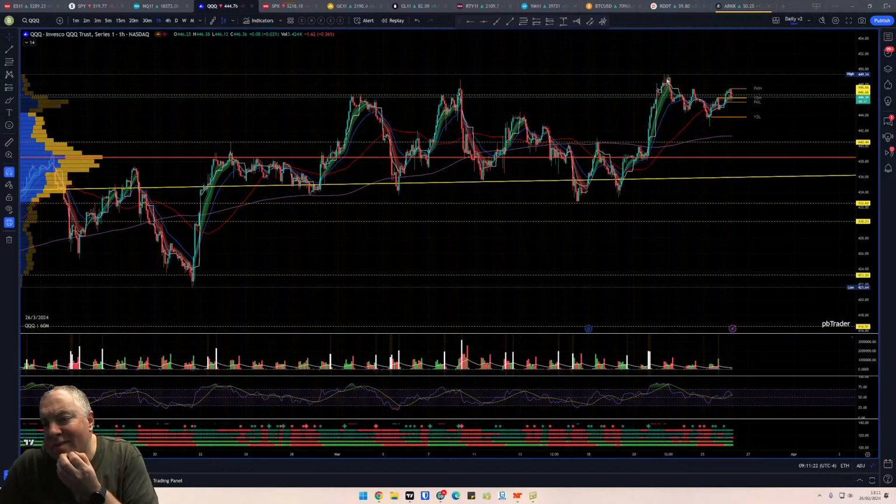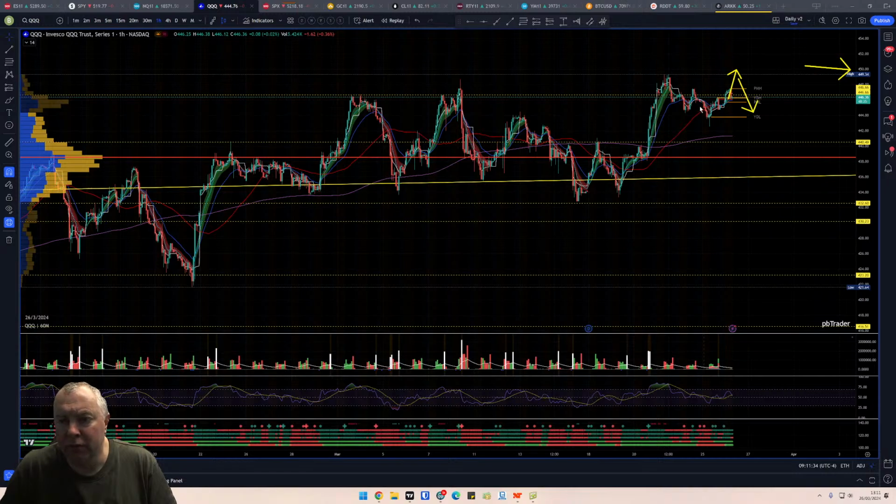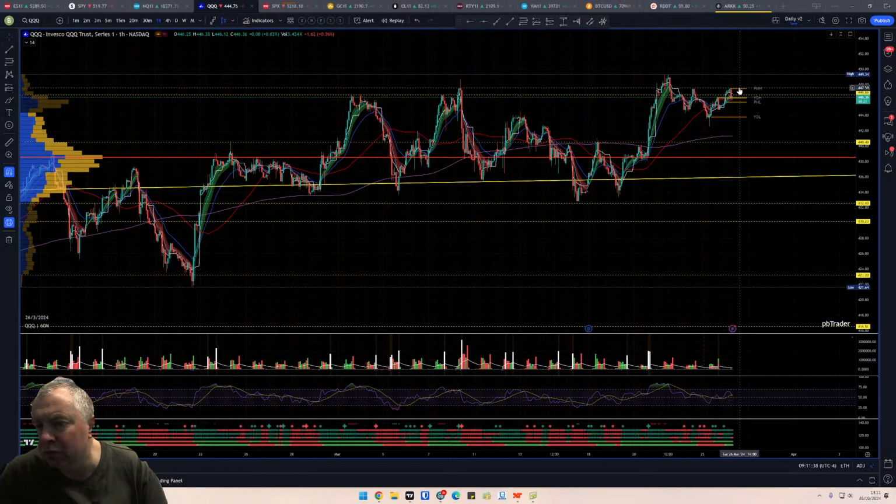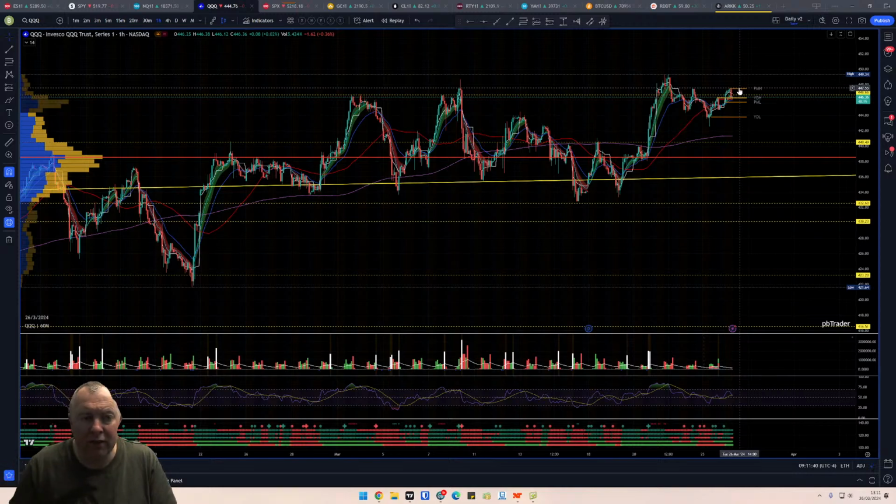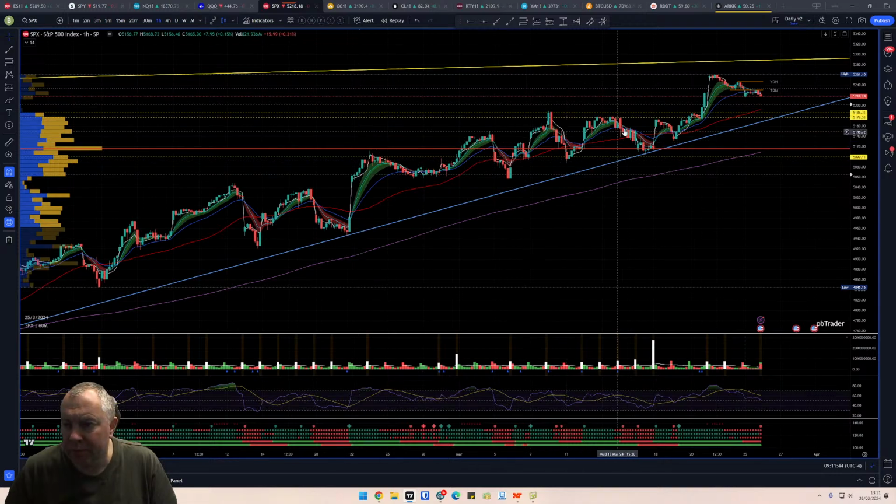Otherwise, it's hard to reject. We can look for a rejection at 450, that's a round psychological number. Or we can look for a break and retest of the pre-market high, which is currently at 447.50.